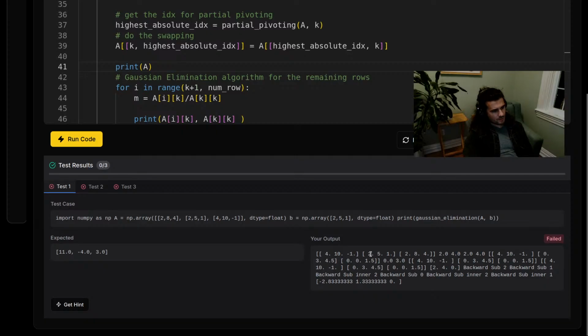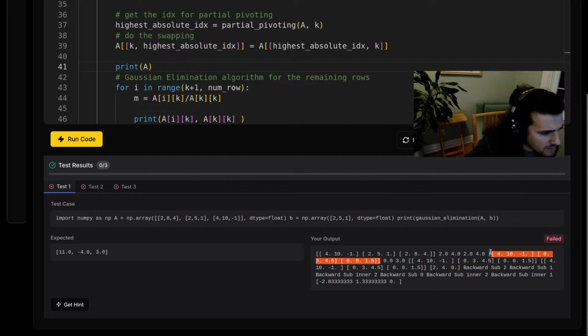So we have 4, 2, 2. 4, 2, 2. And we iterate on the row. So the 4 stays. Yeah, the 4 is fine. So I have 2, 4, 2, 4. And you 0 out the whole thing. Okay, yeah, that's good. So that one is good.